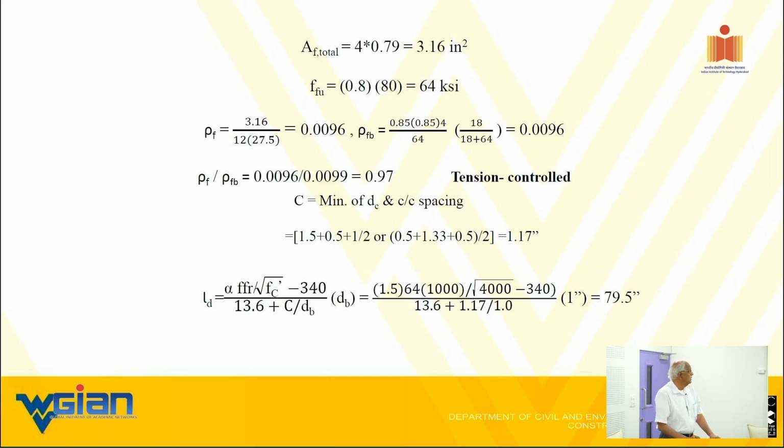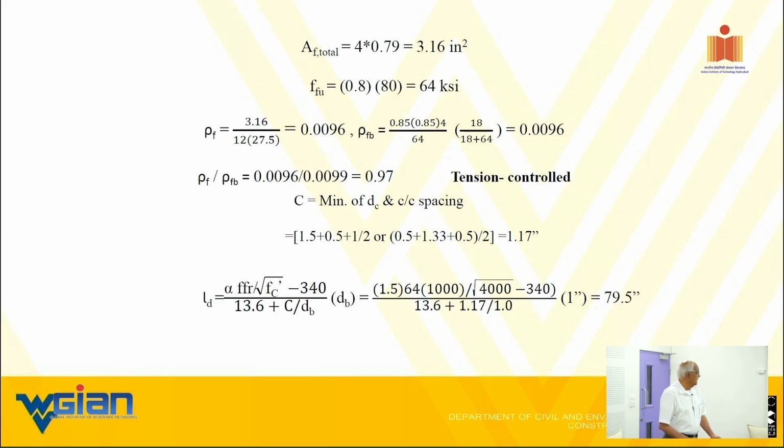So it's the same thing. We have a total area of 4 times 0.79. There are 4 bars there at the top of the column interface, and that is 0.0096 rho F, and rho F over rho B is very close to 1, but still slightly less than 1.97. Therefore, we call this a tension control.